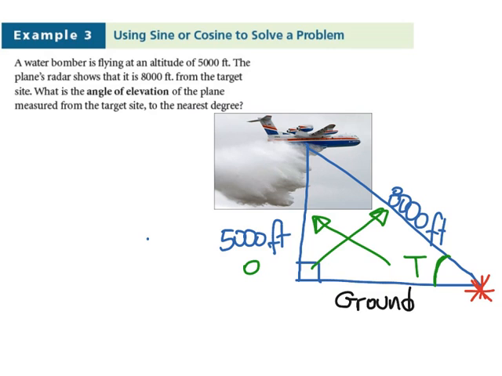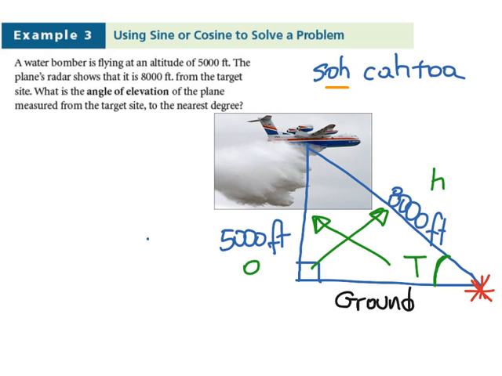So based on this information, opposite and hypotenuse, SOHCAHTOA, decide which trig ratio you're going to use. We have opposite and hypotenuse, and the only one that has opposite and hypotenuse is sine. So we're going to use sine to find this target angle, or this angle of elevation.